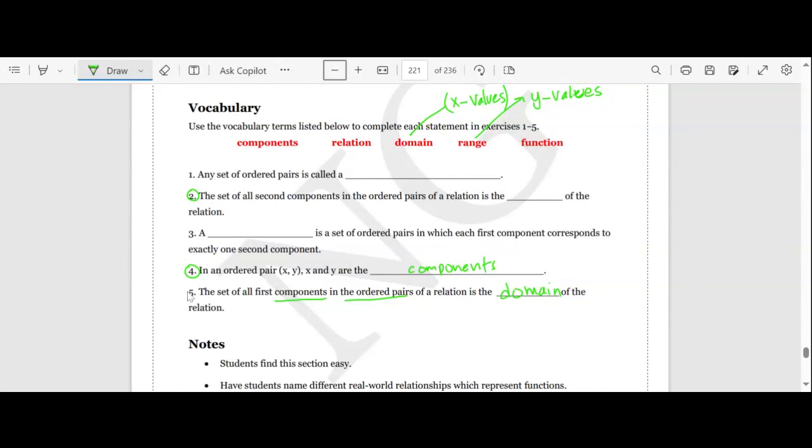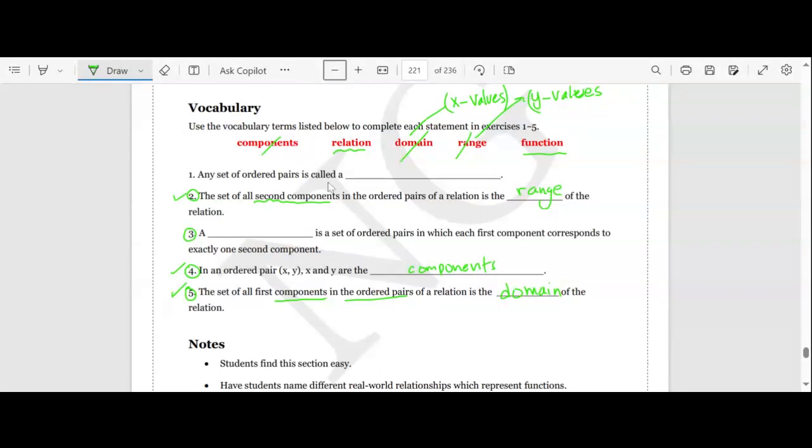Number 2. So we finished 4 and 5. Number 2. The set of all second components in ordered pairs of a relation is called what? Range. We finished 2, 4, and 5. We have 1 and 3. Now we are done with domain, range, and component. What's left is relation and function.